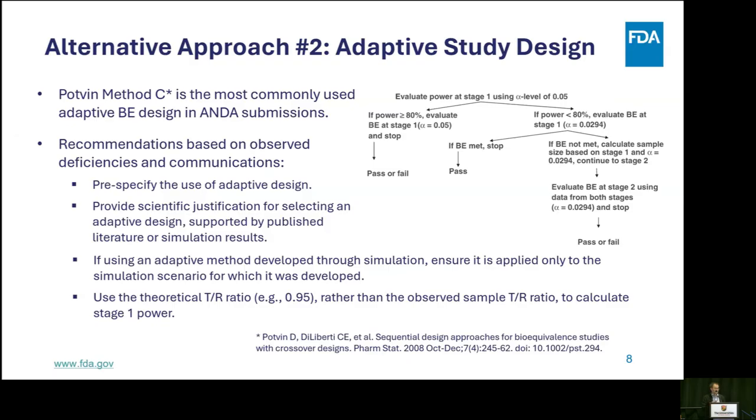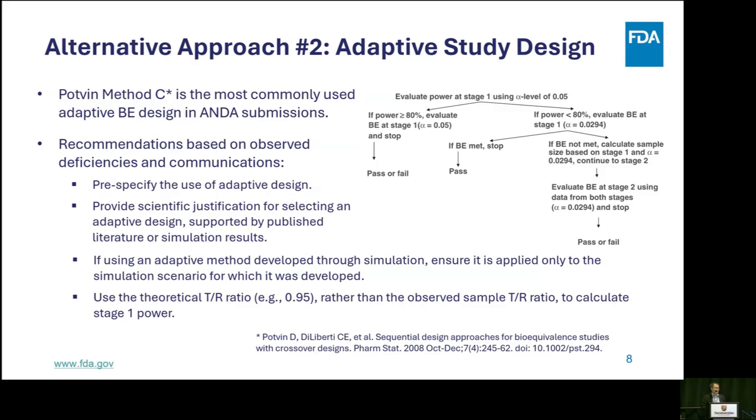And based on our BE review experience, here are some recommendations when you plan to use adaptive design. First of all, pre-specify the use of adaptive design in your protocol. And secondly, provide a scientific justification for selecting an adaptive design, supported by either published literature or your own simulation results.